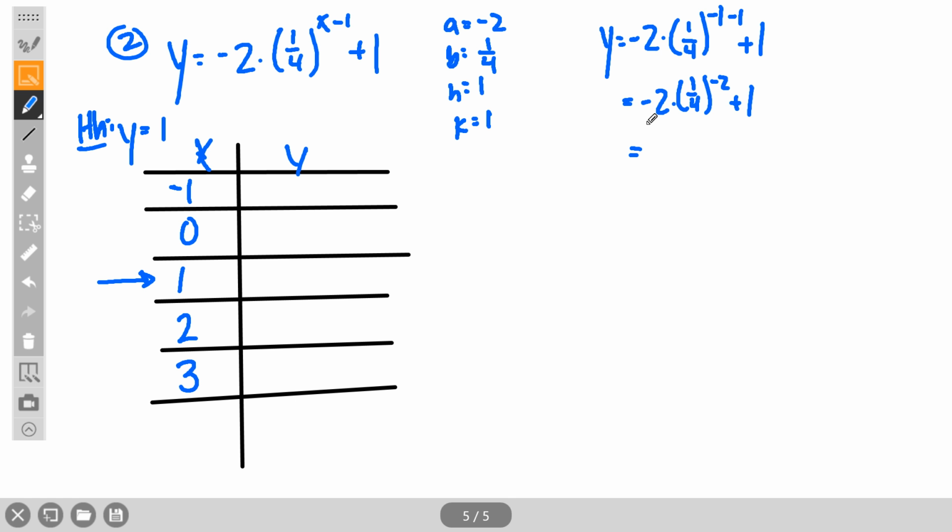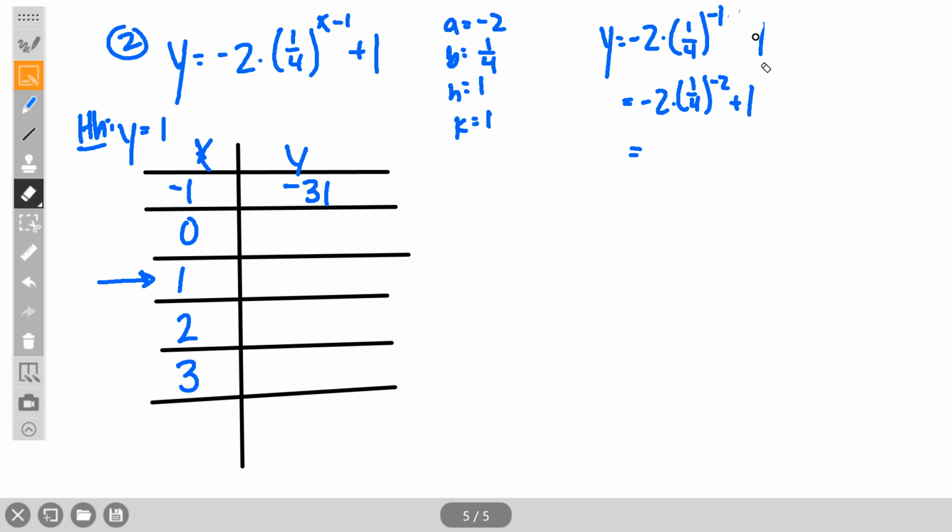I'm going to use a calculator for this. So 1/4 raised to the negative 2 power, 16, times negative 2, plus 1, that's negative 31.